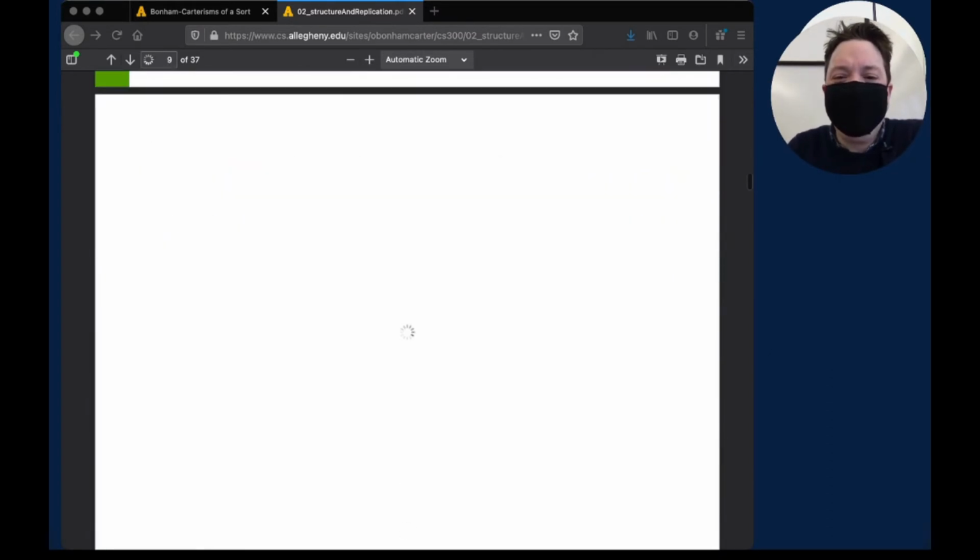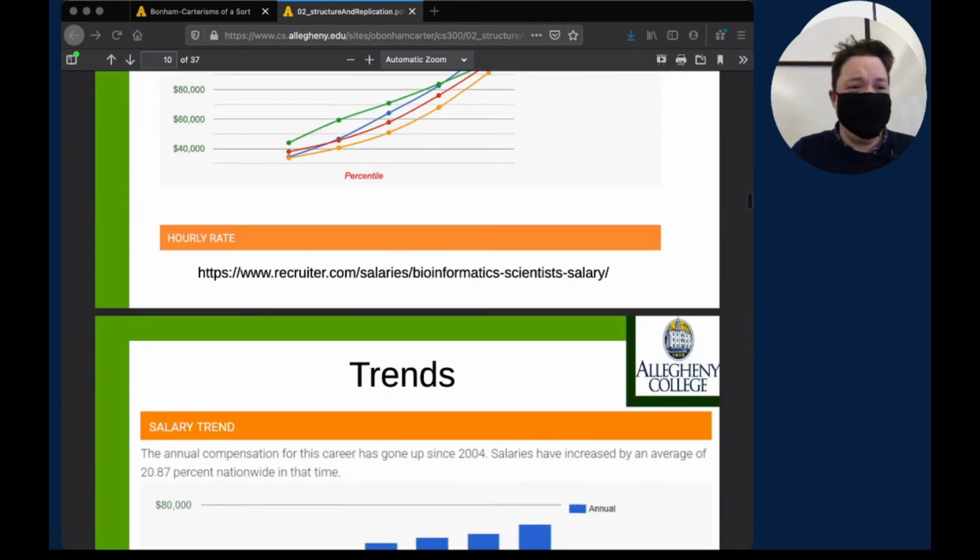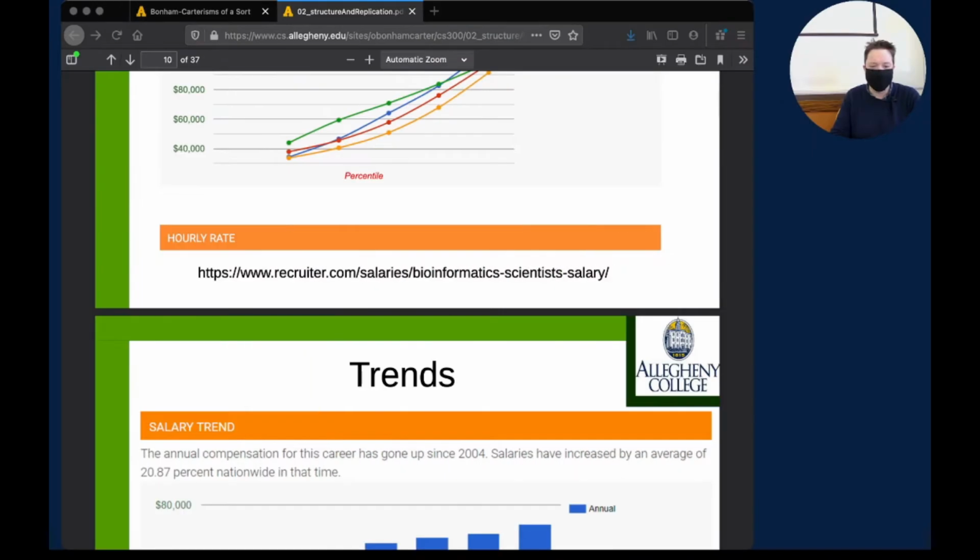So these are the slides we were working on the other day. We spent some time talking about careers. I do hope that you spend some time actually thinking about careers in bioinformatics, because there's a lot of stuff out there, a lot of things you can do to start up your career, and I think you might actually enjoy the challenge. When I first heard of bioinformatics, I thought, wow, what an amazing area.